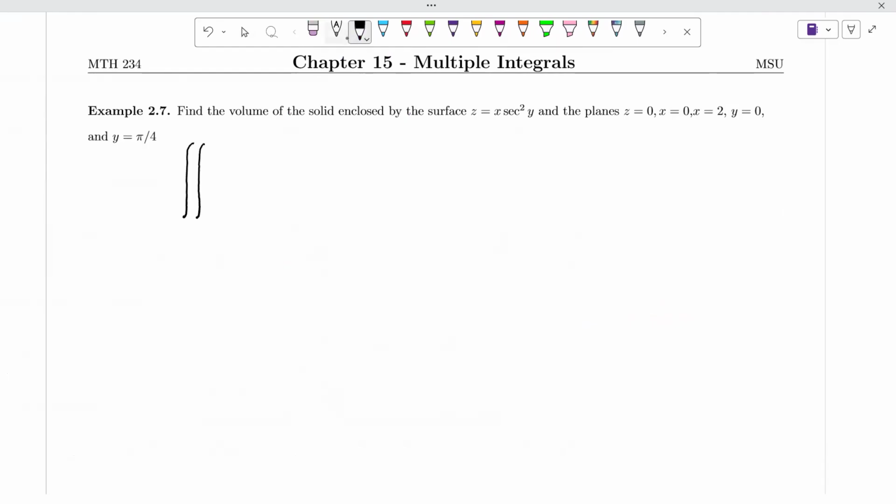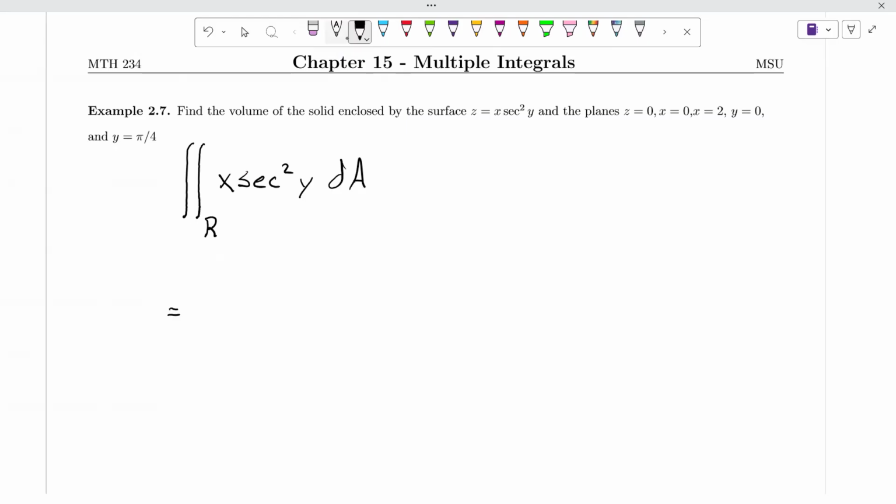I want to evaluate some double integral over a region R, where the function I want to integrate is x times secant squared y dA. And I want to start trying to solve this thing.